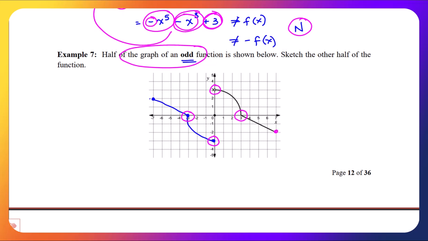Let's take this point. That point is 7, negative 2. If I make 7, negative 7, the negative 2 should become the opposite, or a positive 2. So if I make the x the opposite, the y has to be the opposite as well. What happened here was the opposite of 0 stayed 0, so the y value did not change.